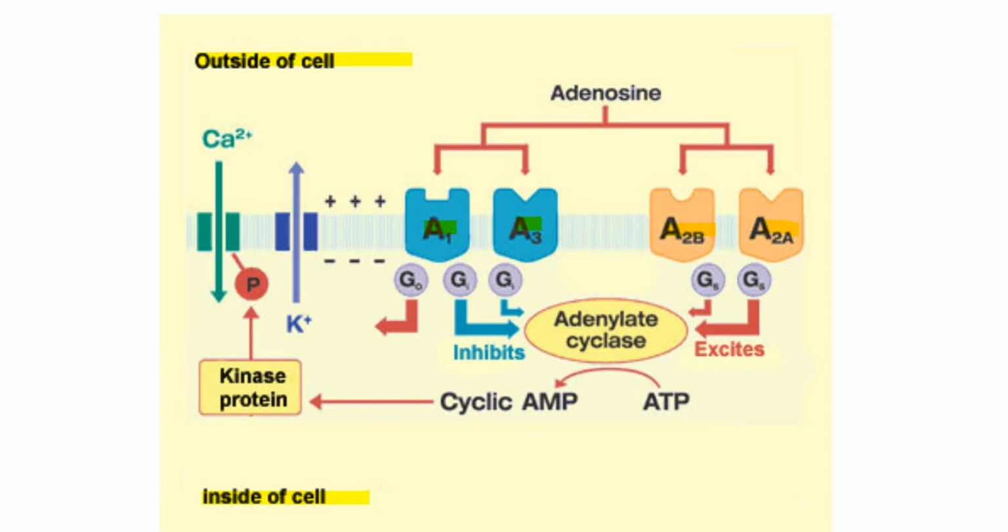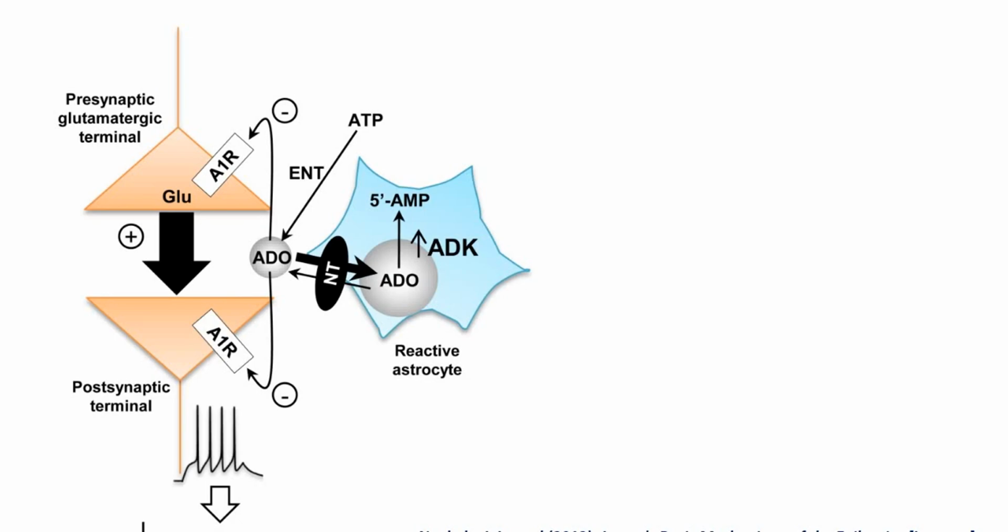What we are going to study is the presynaptic glutamatergic terminal. You have the A1 receptor, adenosine receptor, and you have a plus sign there. What happens during stress? What is the role of stress and adenosine?